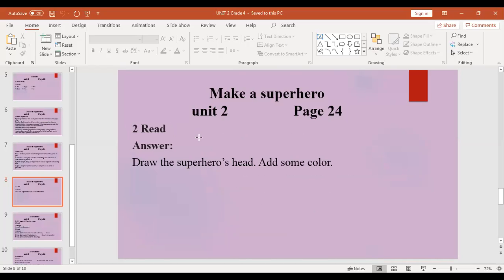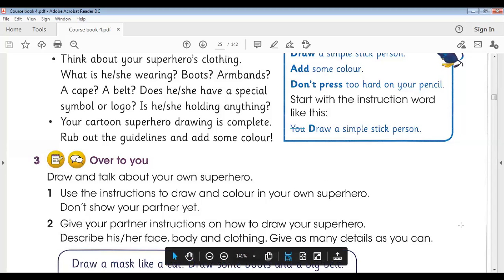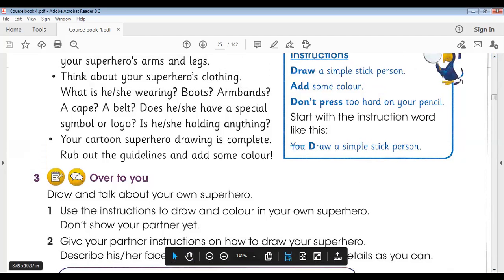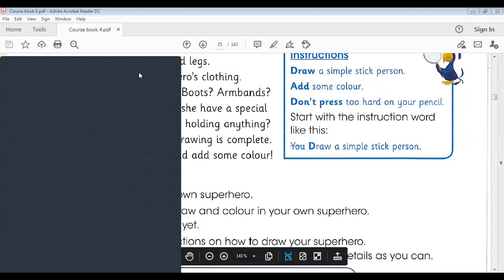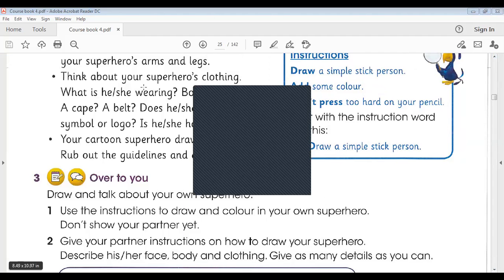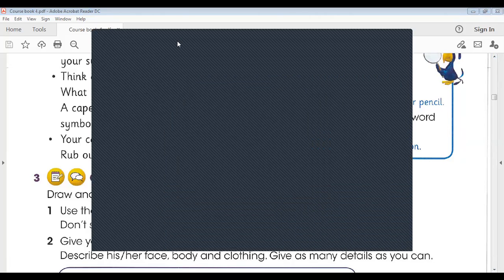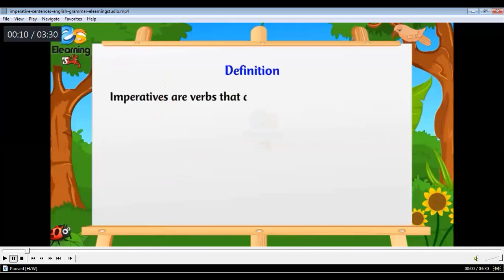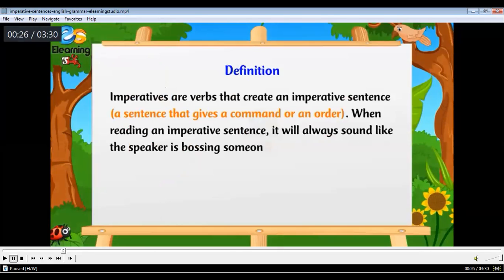After that, we discussed the grammar portion. I'm going to include it in the summary video as well. Instructions basically mean that when we want someone to do something, we give them instructions. Instructions are also called imperative sentences, because these sentences start with an order or advice.